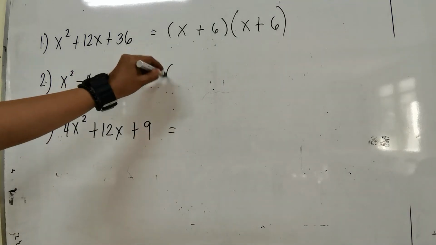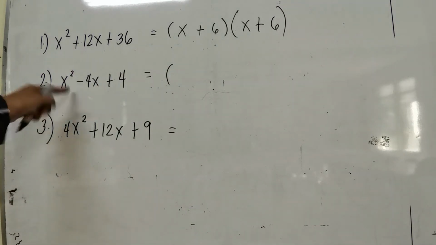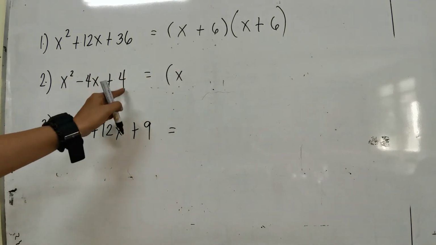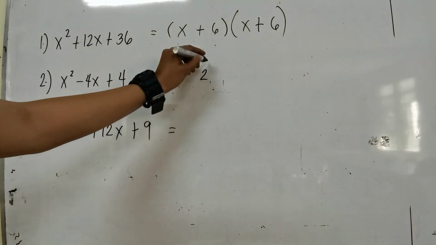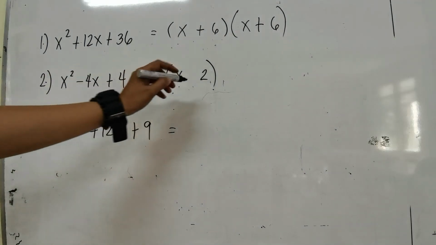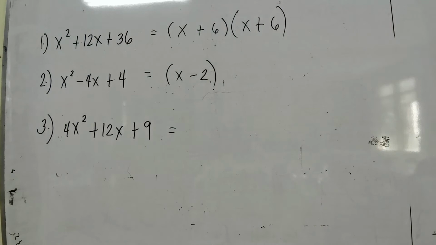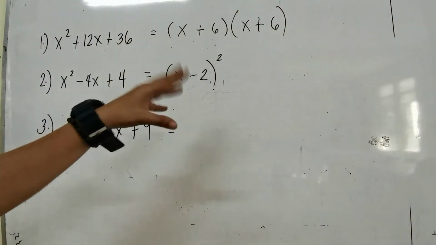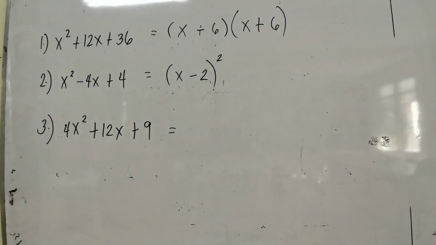So, after that, factor na lang natin. Square root ng x squared ay x. Then, square root ng 4 ay 2. Then, ang sign ng middle term natin ay negative. So, yun ang ating susundin. Then, squared. Squared or ilalagay natin na x minus 2, x minus 2. Pareho lang yon.